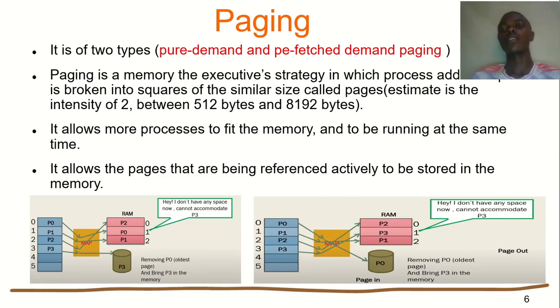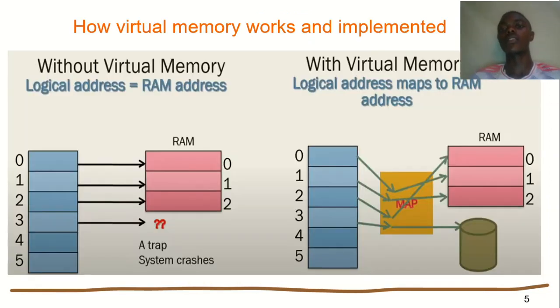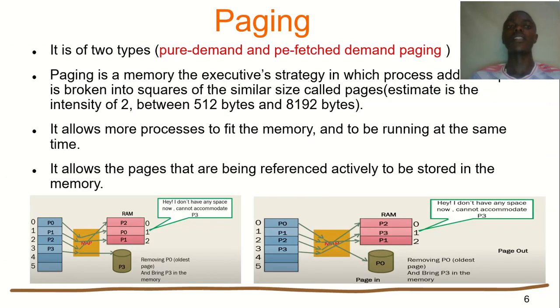Now, as we used page in this slide, we shall be looking into paging in detail. Paging is of two types: pure demand paging and prefetched demand paging. Paging is a memory management strategy in which a process is broken into squares of similar sizes called pages.